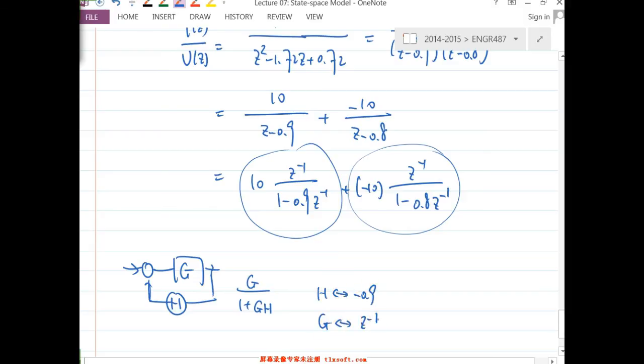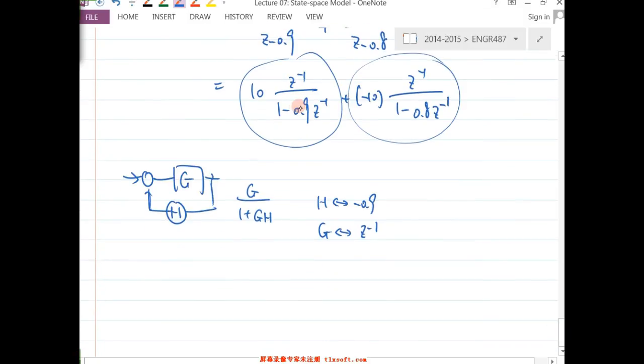Then I'll build two closed loops: one for this, one for that, and then in parallel, add them together. So one block is for that, with negative feedback.